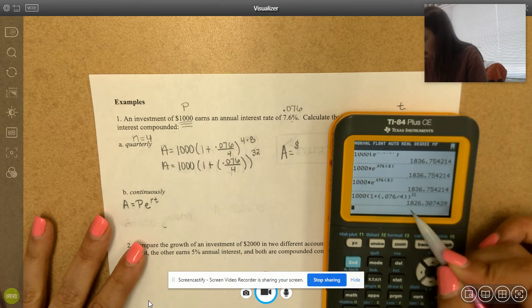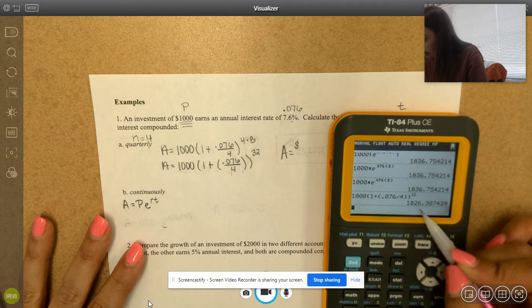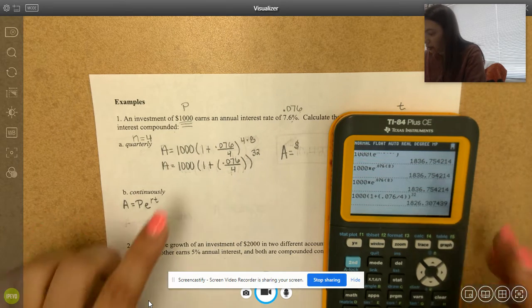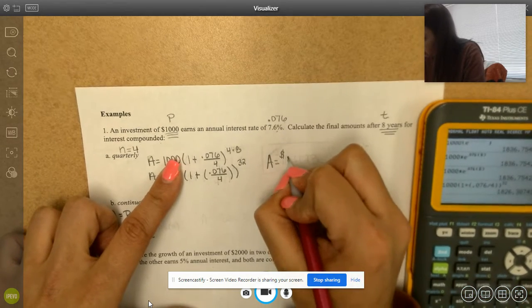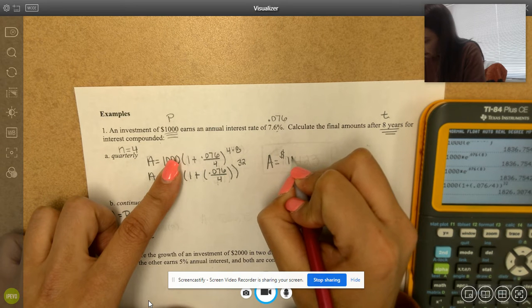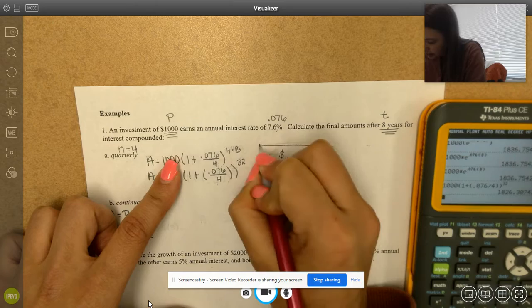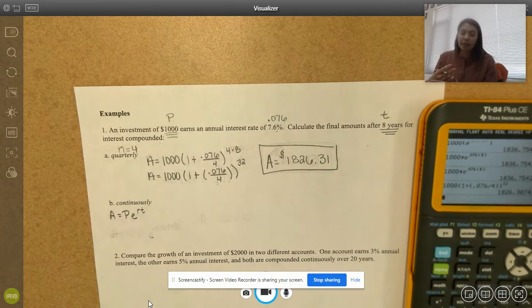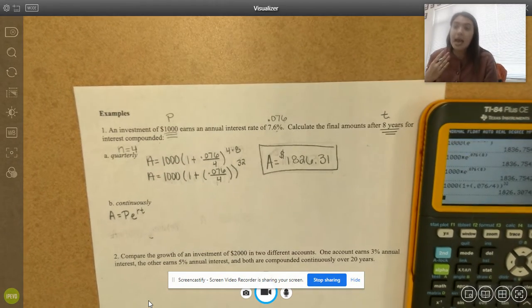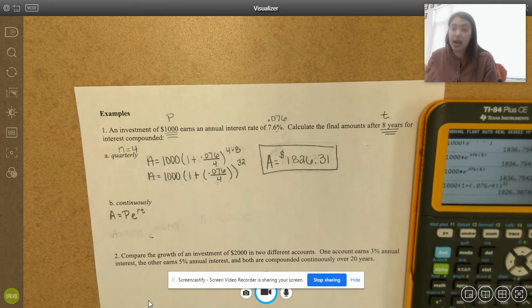And that gives us a value of $1,826.31. So this is how much money you have after 8 years if it's compounded 4 times per year.